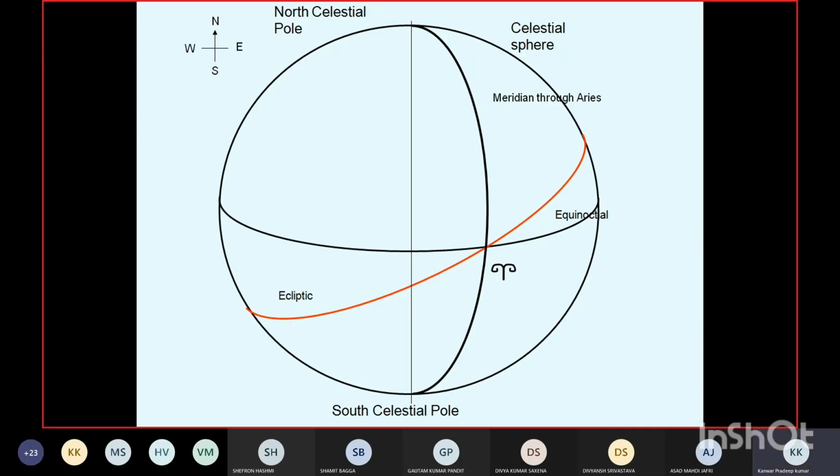For the hour angle, GHA, it was the Greenwich meridian. So with the Greenwich meridian as the reference point, I could measure the Greenwich hour angle measured westwards. Now I have another reference point called the first point of Aries, so a meridian through Aries.